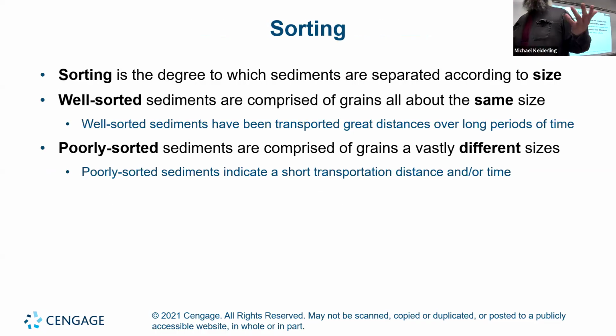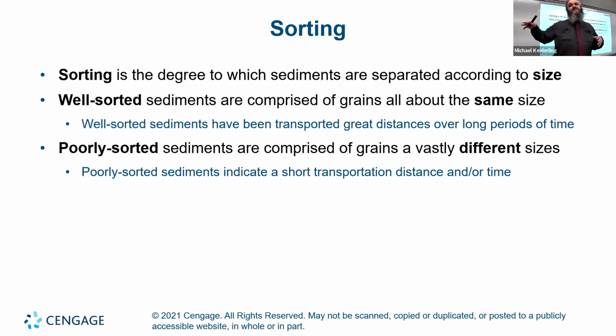Sorting is the degree to which the sediments are separated according to size. Are they all mixed up together, or are they well sorted? Do we have only one size? Well-sorted sediments are composed of grains that are all about the same size. Well-sorted sediments have been carried along great distances or over long periods of time, because the sorting happens in streams.